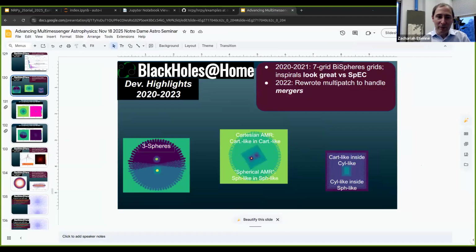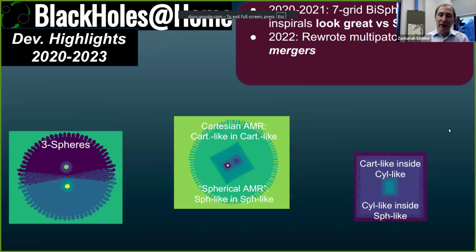Okay, so this was circa 2023 work, actually 2022. So you start out with this. Here, let me zoom in. All right, so you start out with this grid structure that you've already seen before. It's actually 7 patches. This has to do with how we did this, but you can see that when the 2 black holes get too close, so this lower one is actually a rounded Cartesian grid.